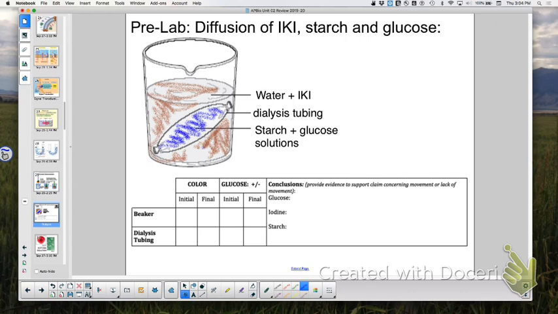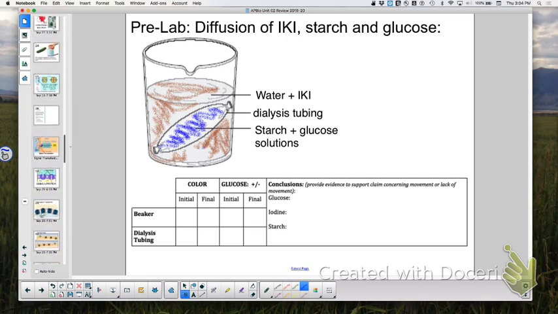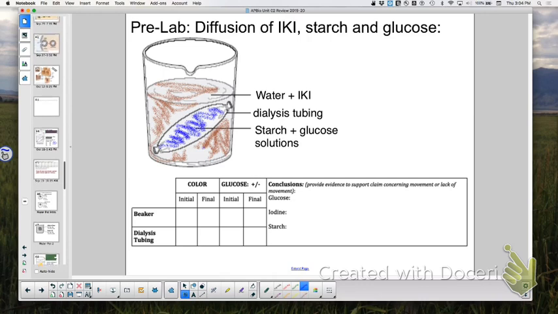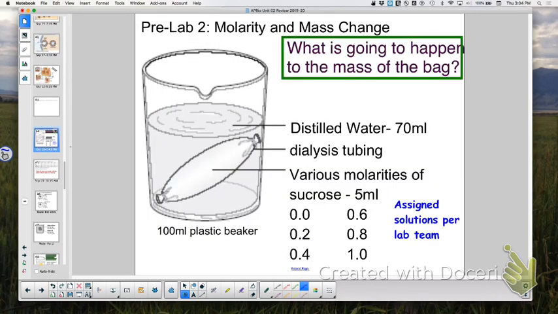Okay. Then the next part of the lab, we did different molarities of sucrose inside of our bag. And remember, we hypothesized that if I had unknown solutions, I could ask you, what do you think this solution is? And the way you would base that is the percent change in what?